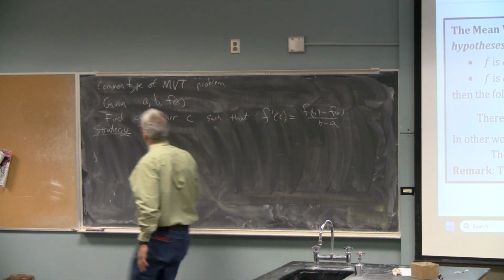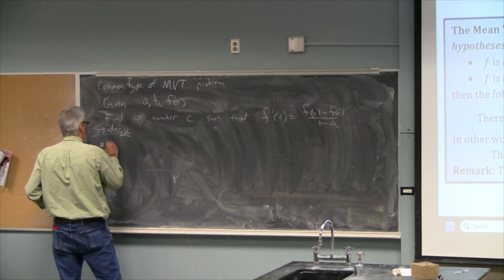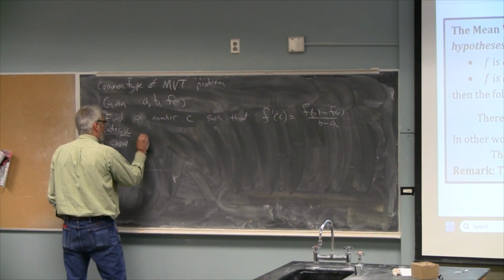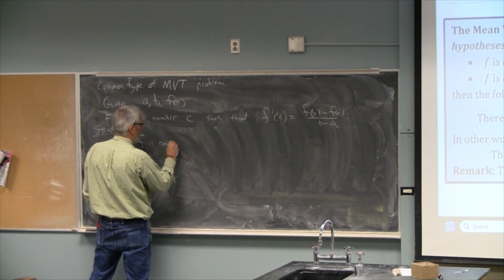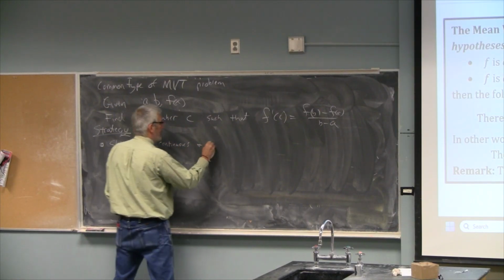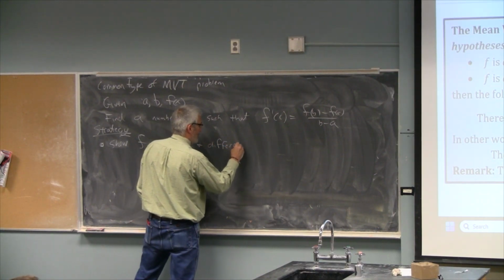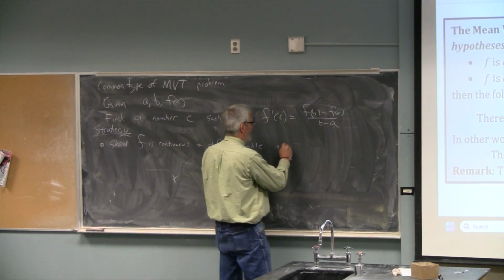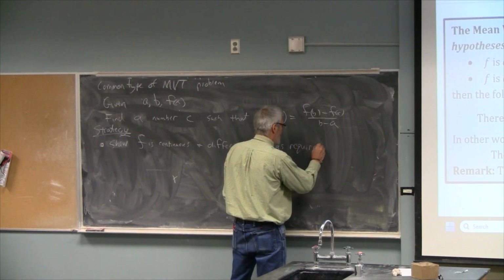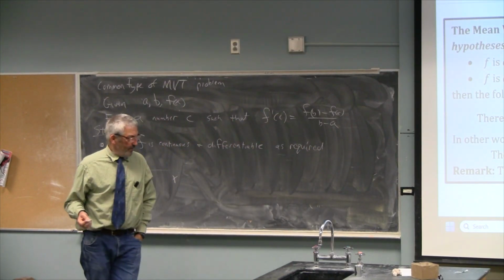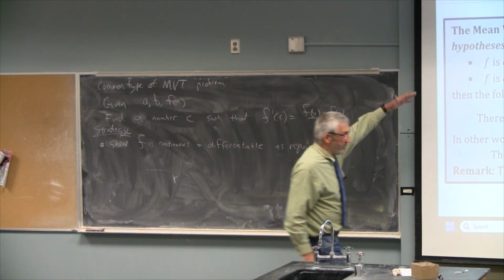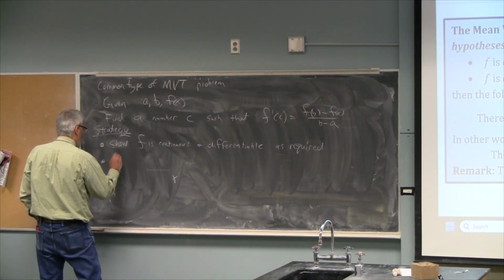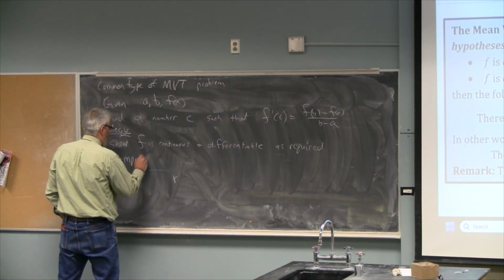So make sure or show that f is continuous and differentiable, as required. Okay. So then if it does satisfy these requirements, then we're going to be able to use the theorem. And then compute the number.